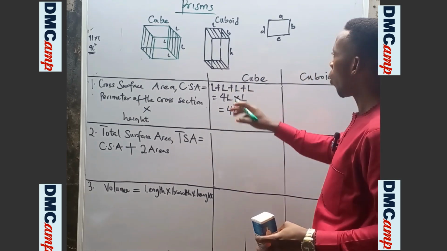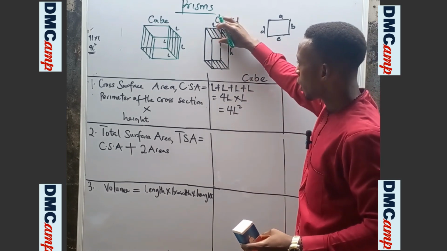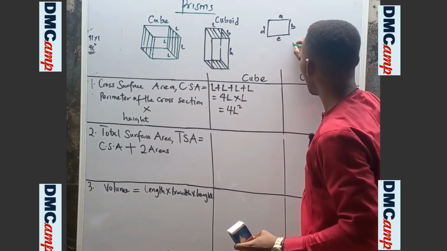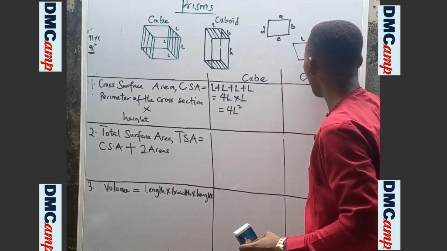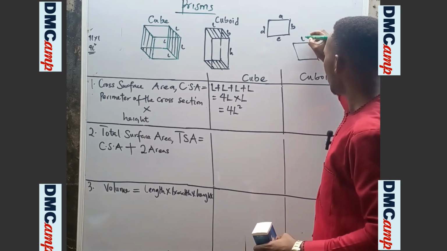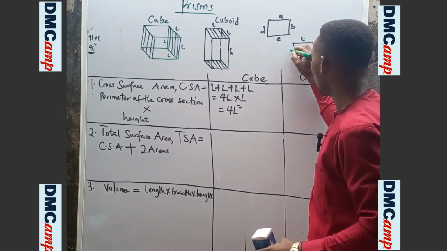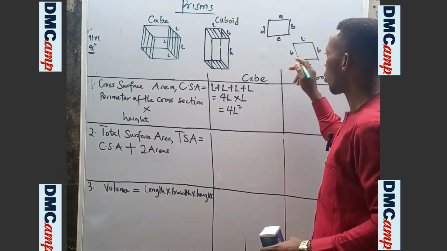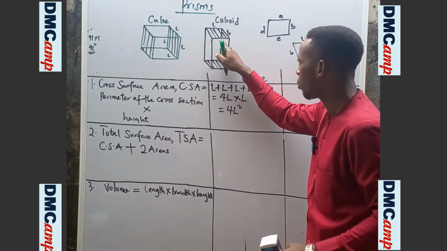Now, if we want to get the perimeter of the cross section, here is the length, here is the breadth. To get the perimeter, this L is equal to this L, and this breadth is equal to this breadth. B is equal to B.